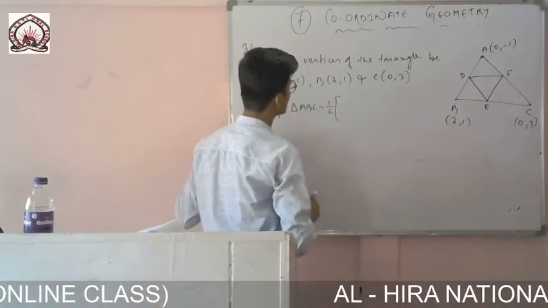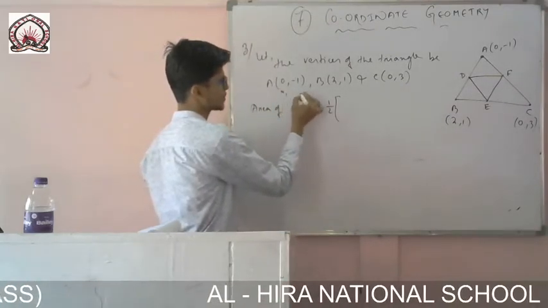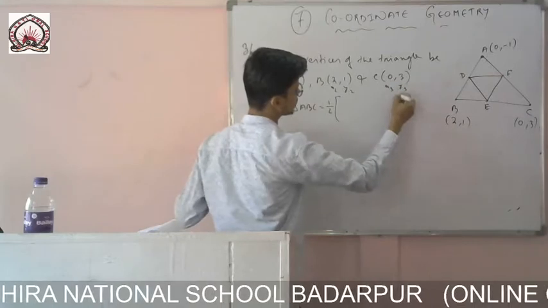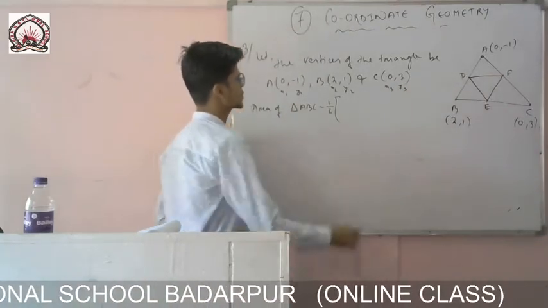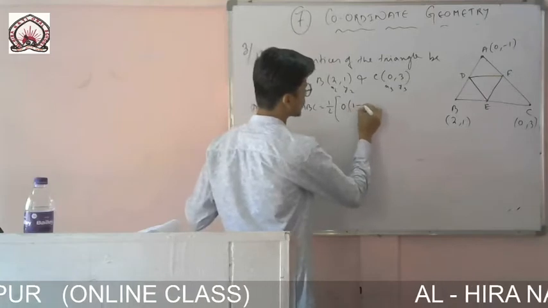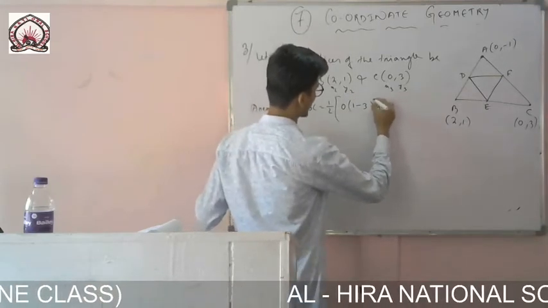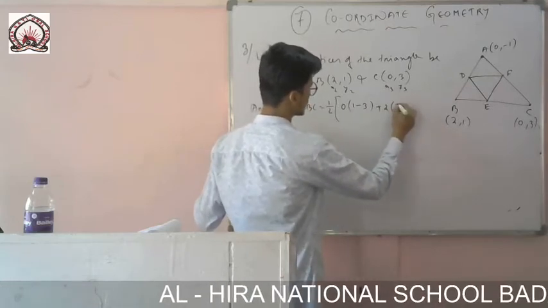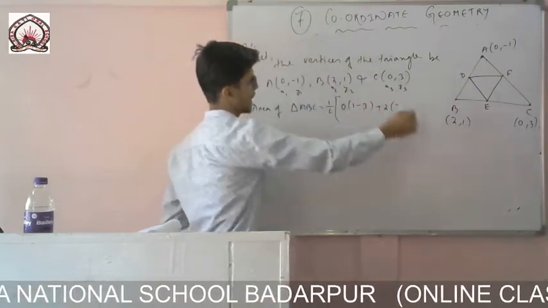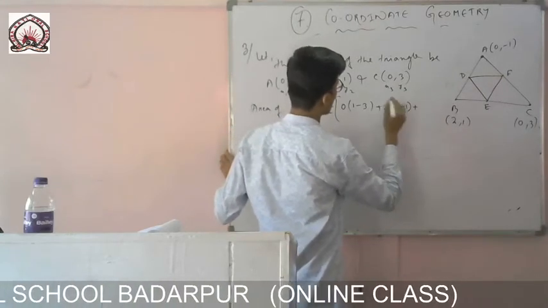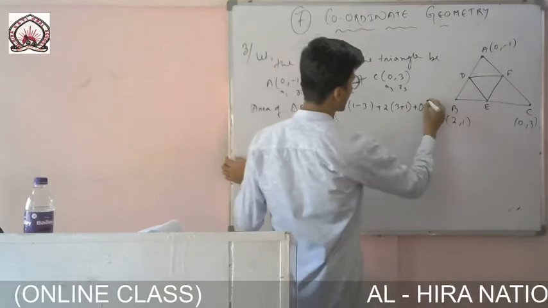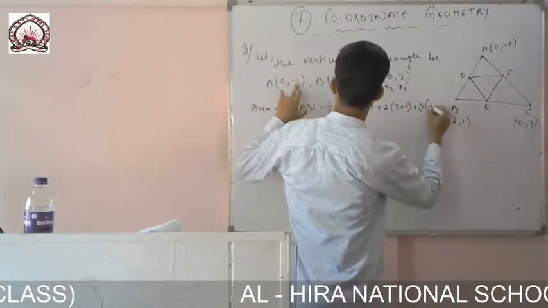Half into x1 times (y2 minus y3) plus x2 times (y3 minus y1) plus x3 times (y1 minus y2). Here this one is x1, y1, this is x2, y2, this is x3, y3. So x1 is 0, times y2 minus y3. Then x2 times y3, which is 3, minus y1, and y1 is -1, so minus y1 becomes plus, so it is +1. And the last one is x3, which is 0, times y1 minus y2, which is -1.